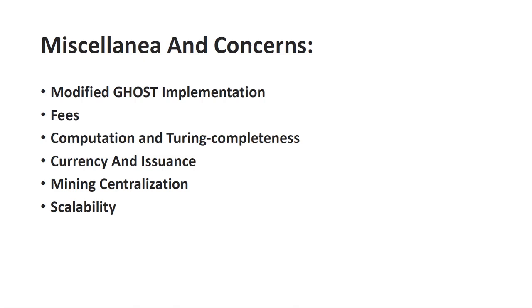And there's some problem with currency and issuance. It's not about Ether though, it has sub units. After that, mining centralization. This is a big problem regarding Bitcoin because most of the miners don't verify the blocks.